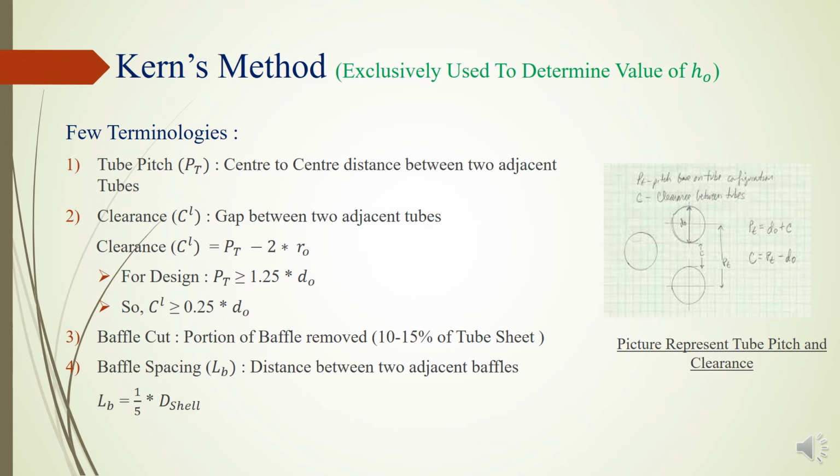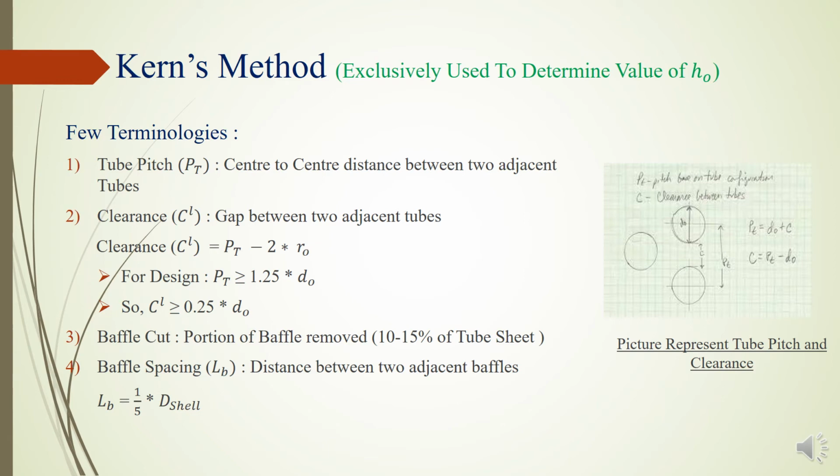So clearance is equal to the pitch minus 2 times r naught, where r naught is the outside radius of the tube. So 2 times r naught is equal to D naught. So basically C is equal to pitch minus D naught. For designing purposes, pitch is greater than 1.25 times D naught.